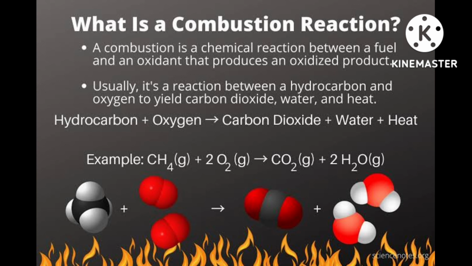Here see, 2H2O means 2 moles. 1 mole of water means 18 gram, so 2 moles is 36 gram. For 36 gram of water, how much oxygen is required? 64 gram. See how this balanced equation is useful in knowing the amounts.